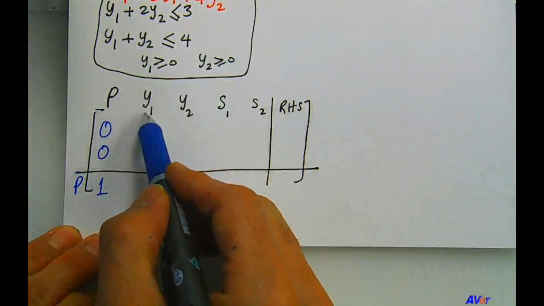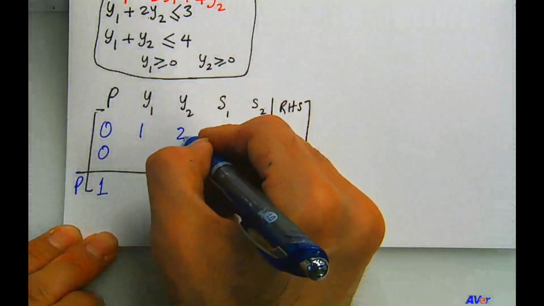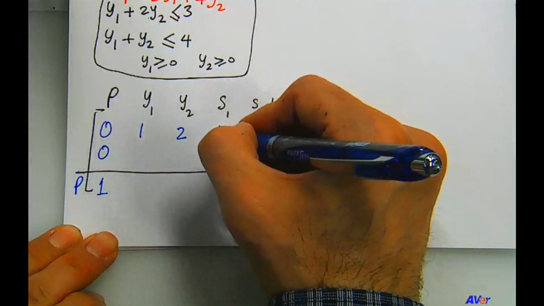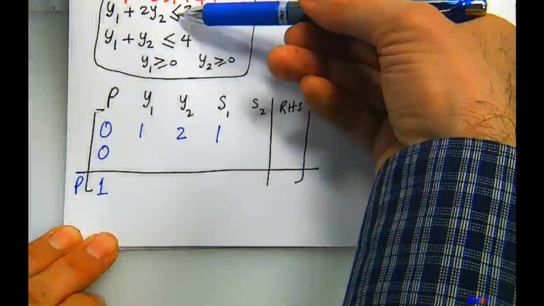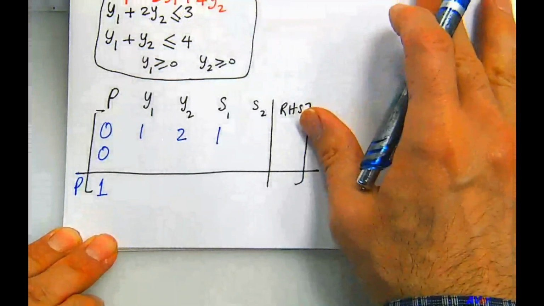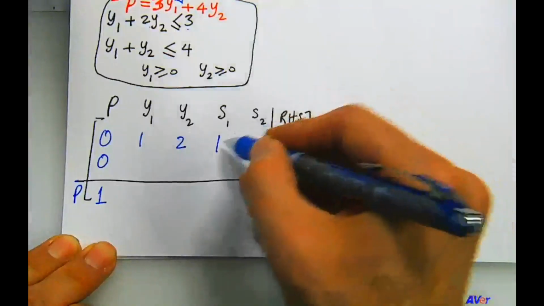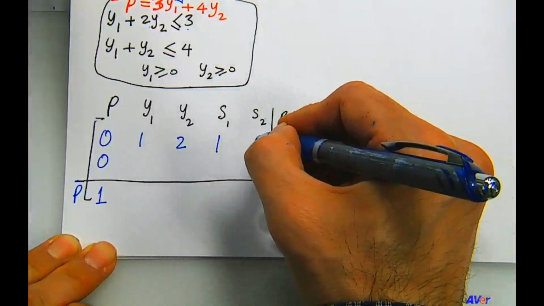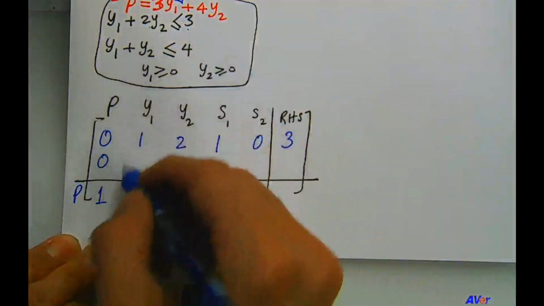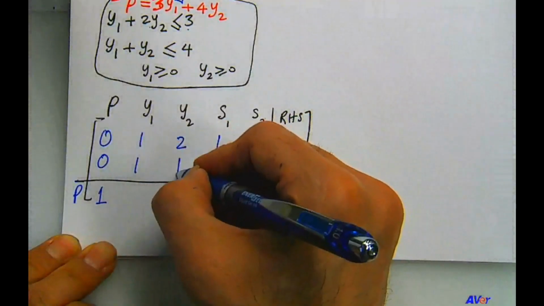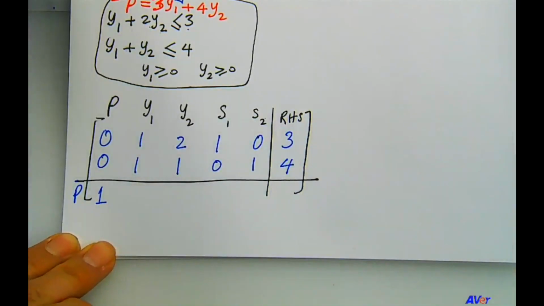Now, the coefficients here would be 1, 2, S1 would be 1. That's the slack variable needed to convert this first inequality into equality, right? So 1, and then 0, and then 3. For the second inequality, we have 1, 1, 0, 1, and 4.